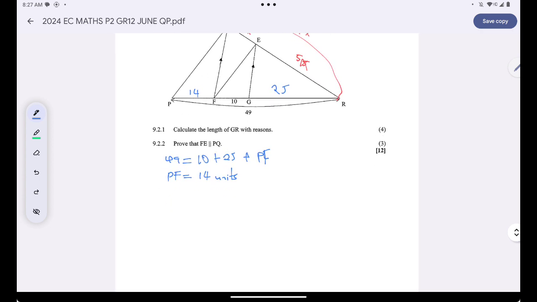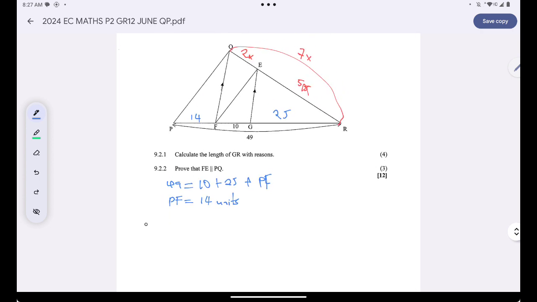Are we together? So if I can show that PF over FR is equal to QE over ER, I can therefore conclude that this guy will be parallel to this guy.